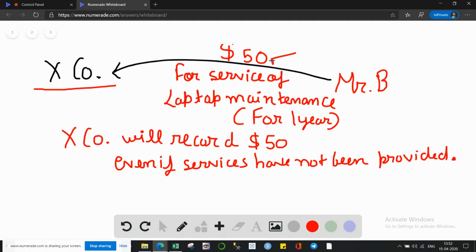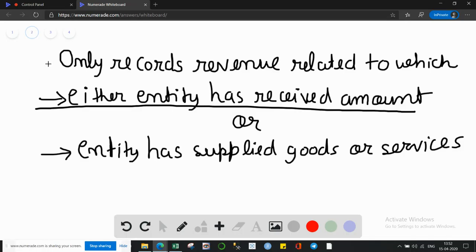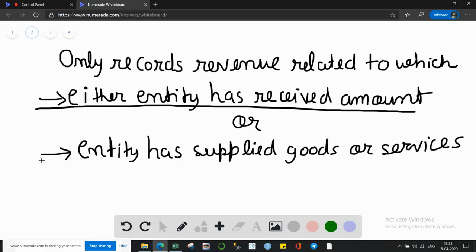Such amount will be reflected in the financial statements as an advance for providing the maintenance services to Mr. B. So this transaction is clear. This is transaction number one. Now let's understand transaction number two. It's example number one, and it's example number two. The example number two will be used to help understand the concept.